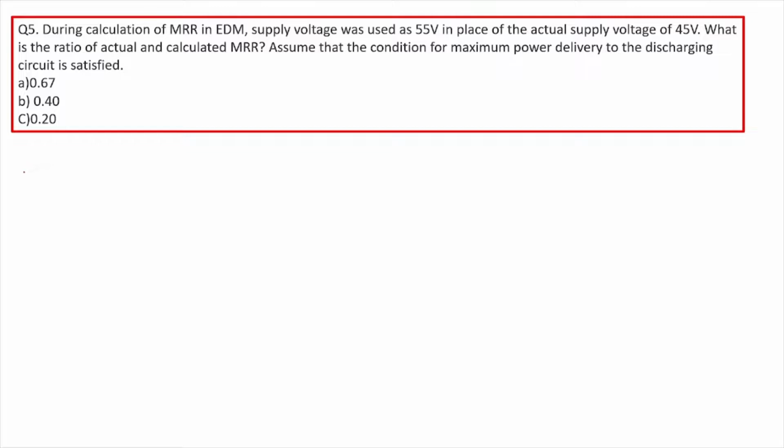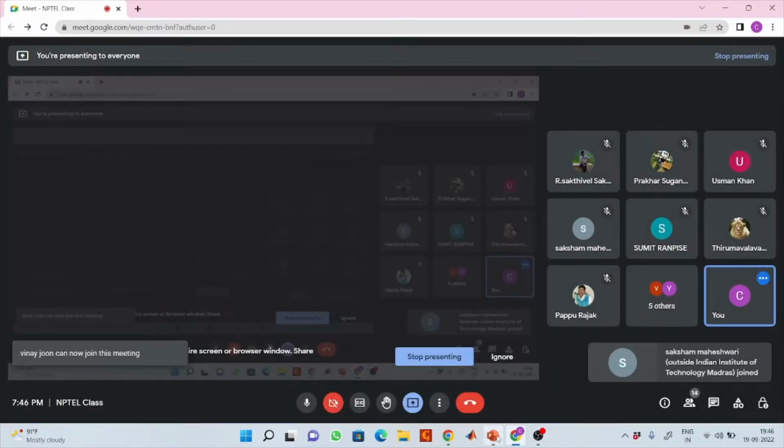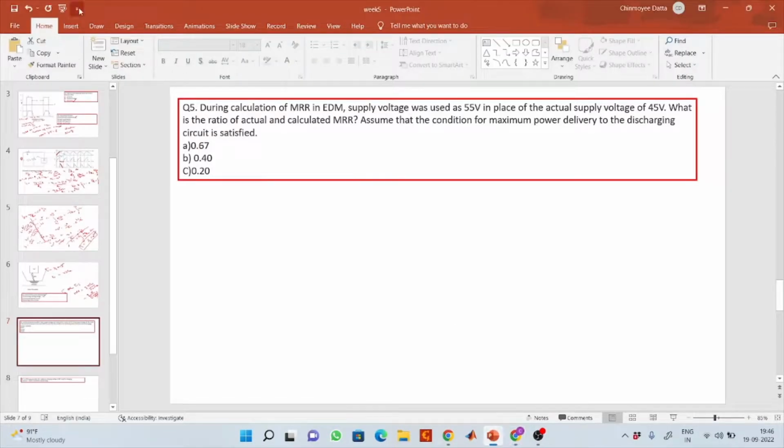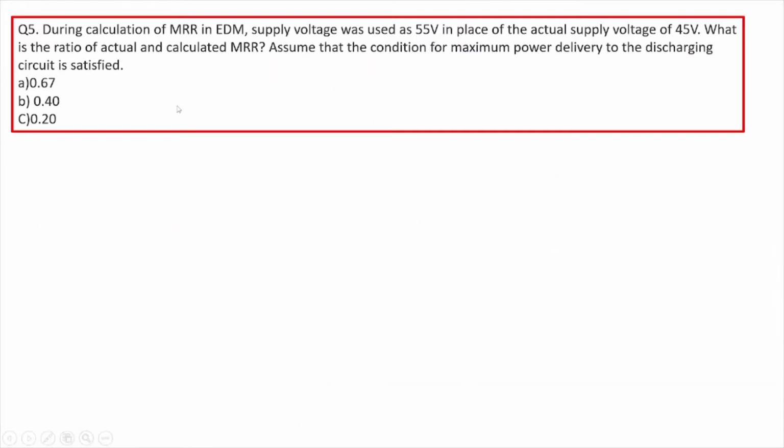So the question is given as: during calculation of MRR in ATM, supply voltage was used as 55 volt.